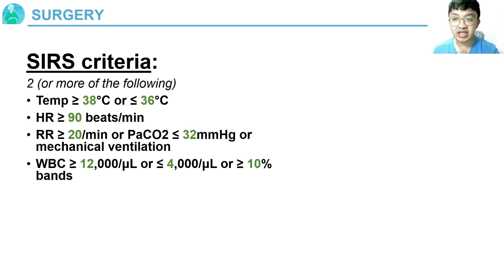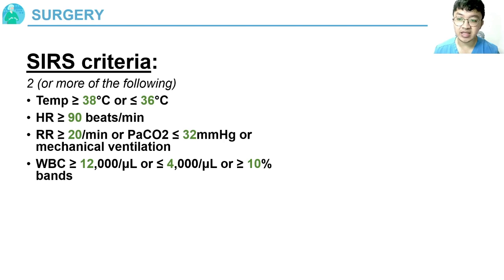Temperature more than 38 or less than 36, heart rate more than 90, RR more than 20, or PCO2 less than 32, because again, PCO2, or the content of carbon dioxide in your arteries, is actually affected by respiratory rate. When you expire, CO2 is getting pushed out. So if you're breathing faster than normal, your PCO2 is going to decrease because more carbon dioxide is being pushed outside into the environment.